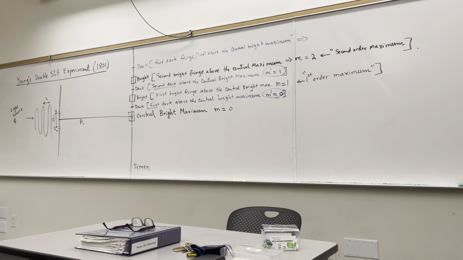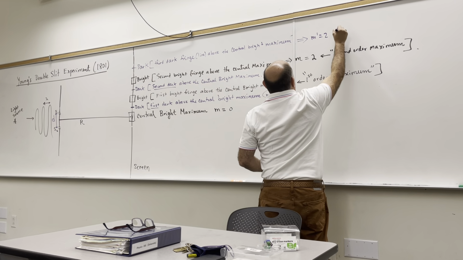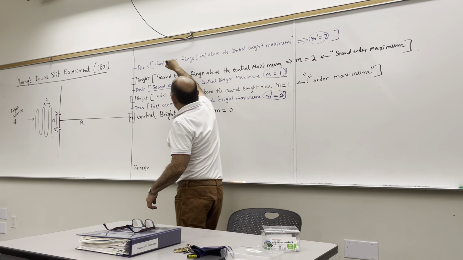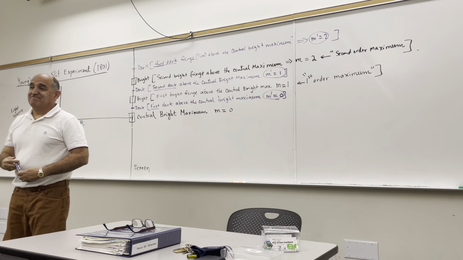But that corresponds to this one where M prime is 2. So notice that M prime is 2 goes with third dark. So one has to be careful with the dark spots.